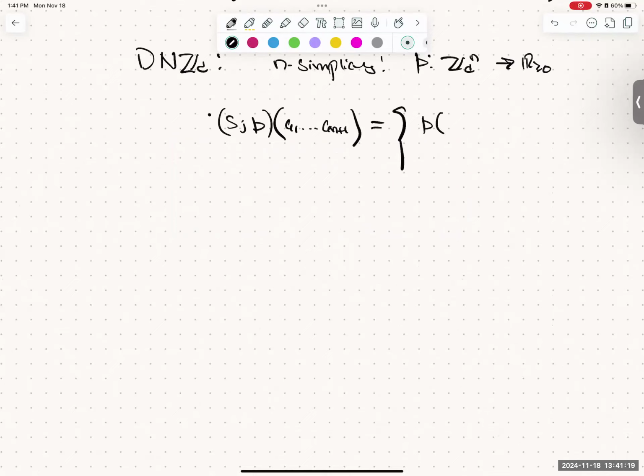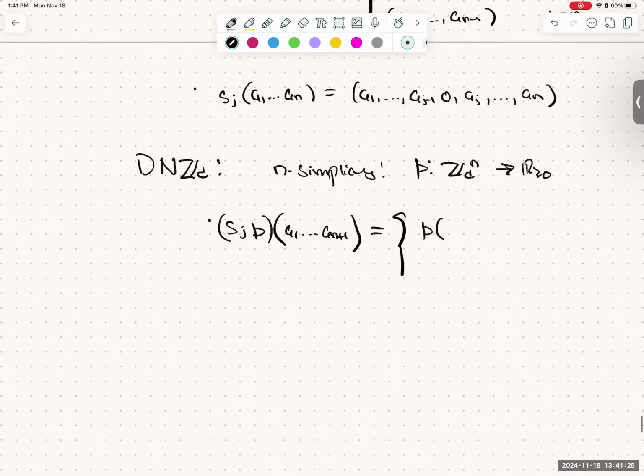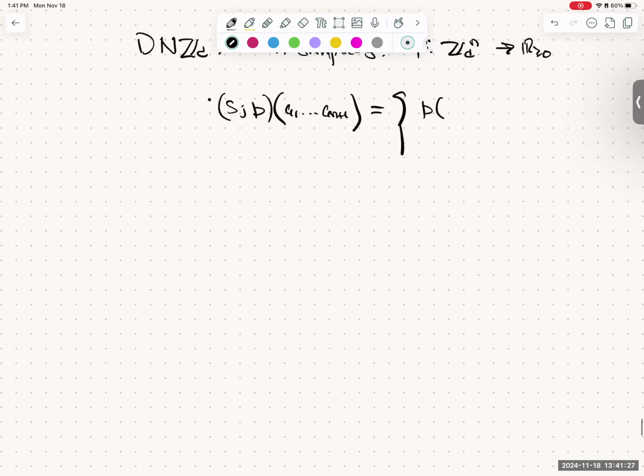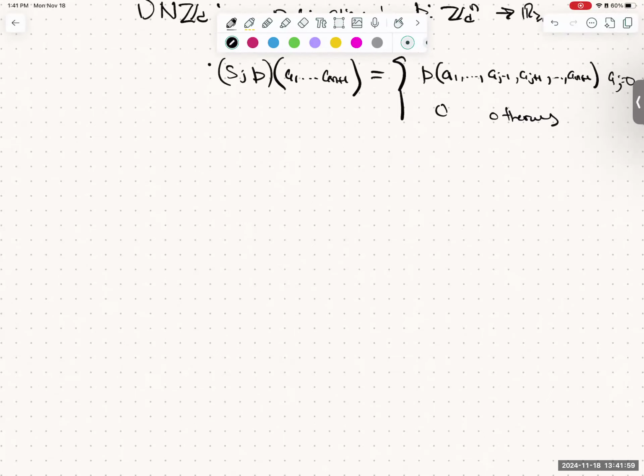If I take a degeneracy map of P, what it gives me is a proper distribution from Z^{N+1} to R, but those probabilities are determined already by A1, ..., AJ minus 1, J plus 1, ..., N plus 1. So AJ equals 0, sorry, that's a little bit messy there, and 0 otherwise.